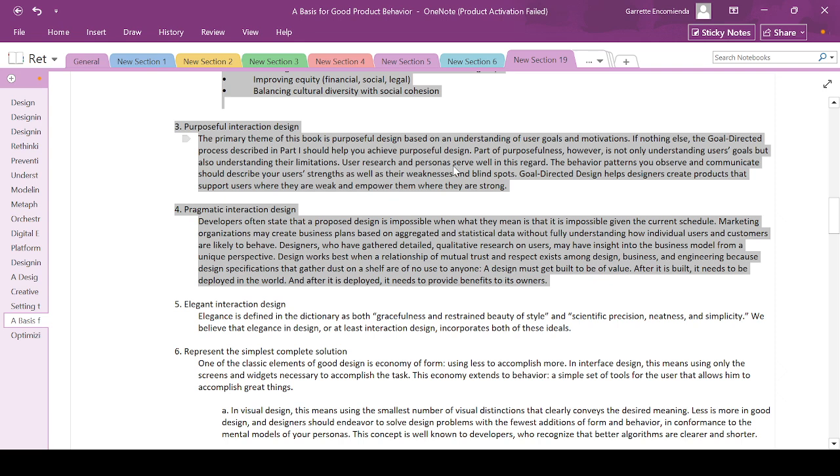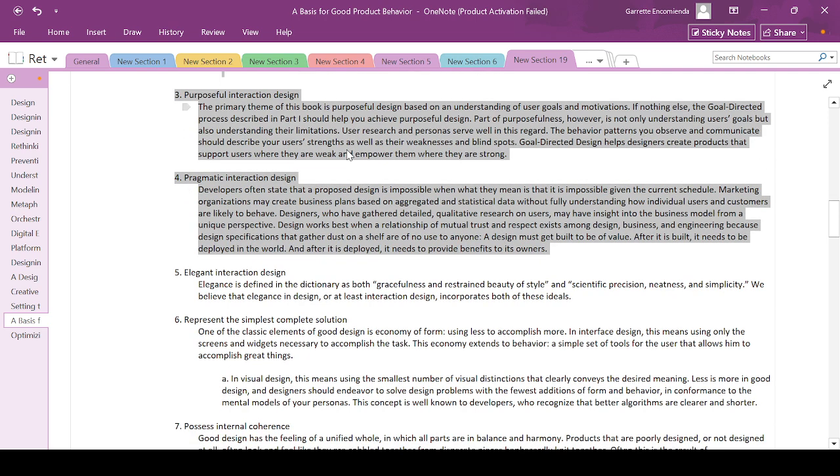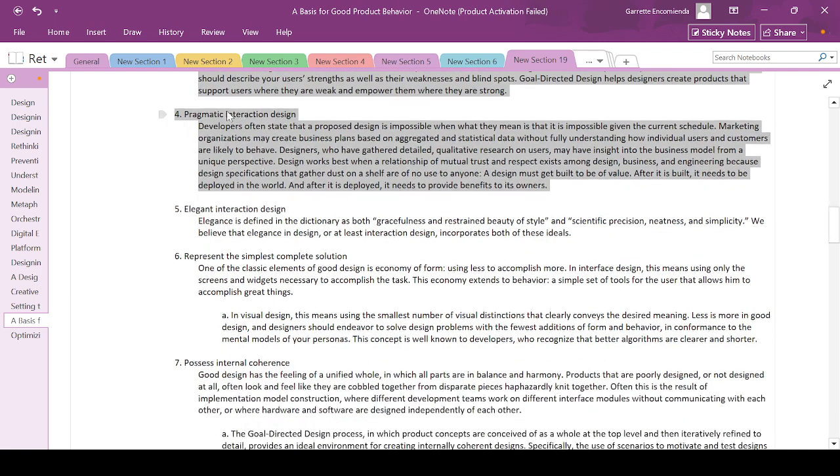User research and personas serve well in this regard. The behavior patterns you observe and communicate should describe your users' strengths as well as their weaknesses and blind spots. Goal-directed design helps designers create products that support users where they are weak and empower them when they are strong.